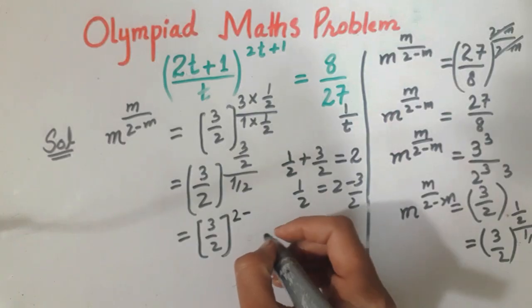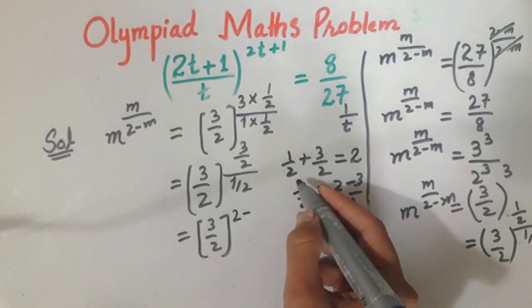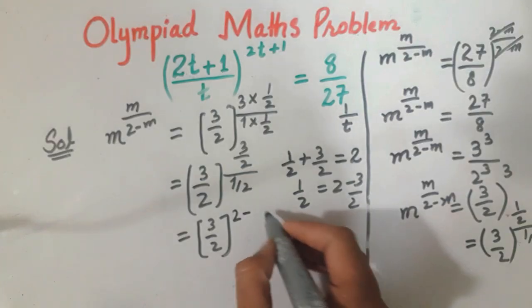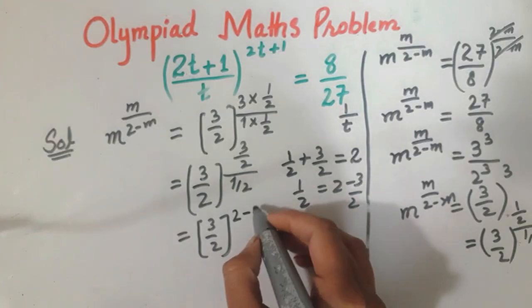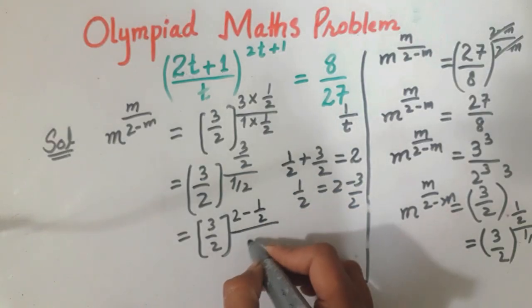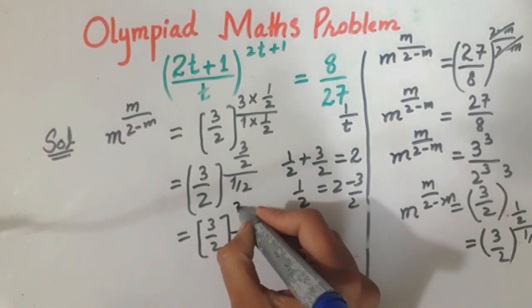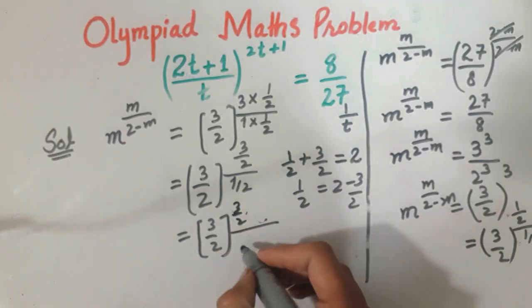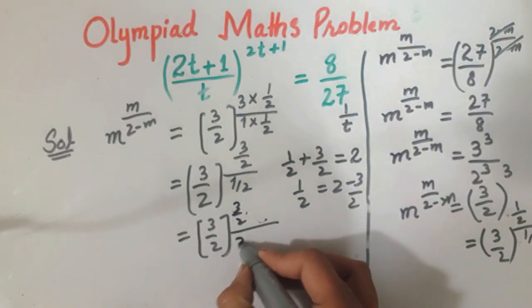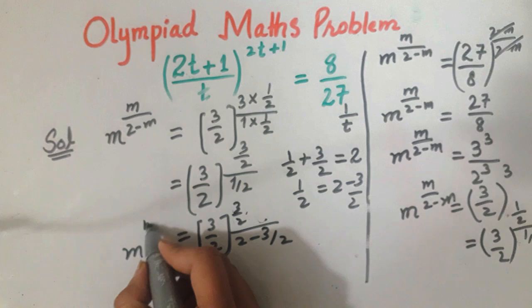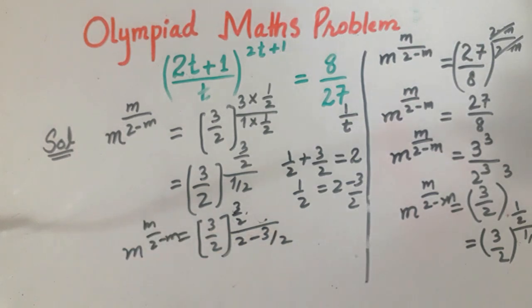So in this place we will write 2 - 1/2 divided by, or this remains the same, 3/2 to the power 3/2, and in the denominator we have 2 - 3/2. It means m to the power m/(2 - m).